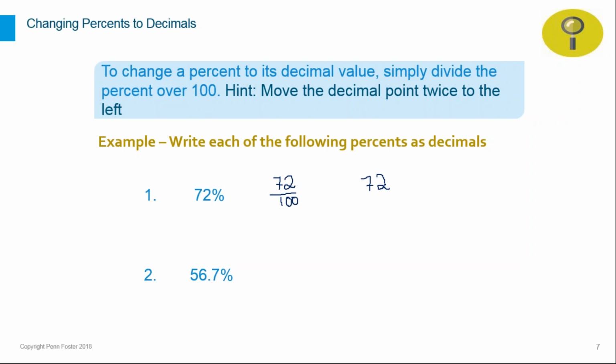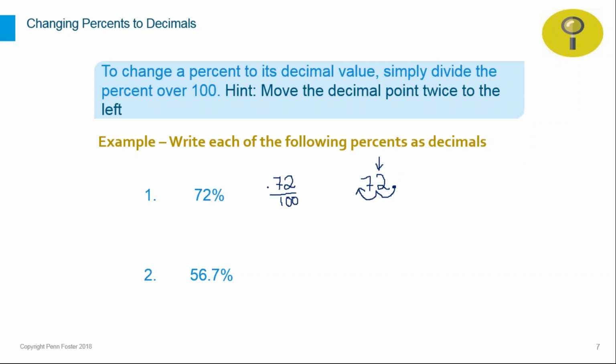And with whole numbers, we know that the decimal point exists right after the last digit. So it is there, but we do not usually write it. So when we divide by 100, we move the decimal point twice to the left. So 1, 2. And here will be the new location of our decimal point.